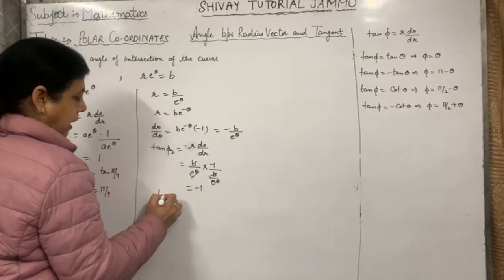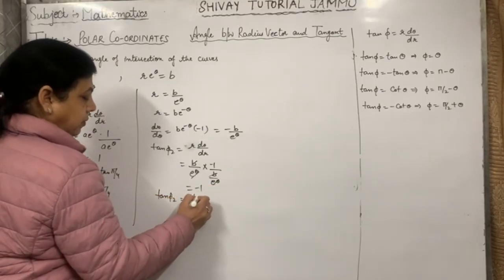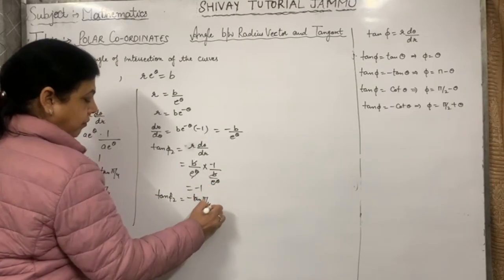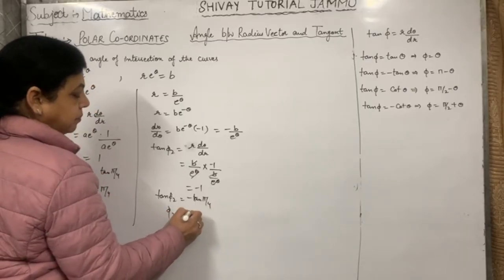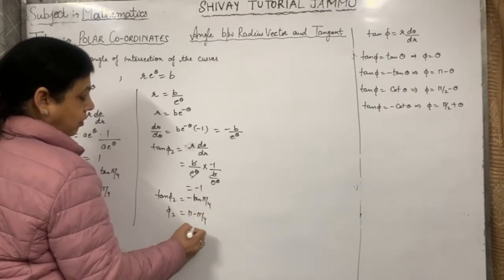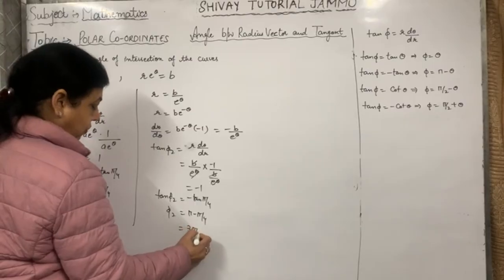So tan φ2 is minus tan π/4. So φ2 is π minus π/4, which is 3π/4.